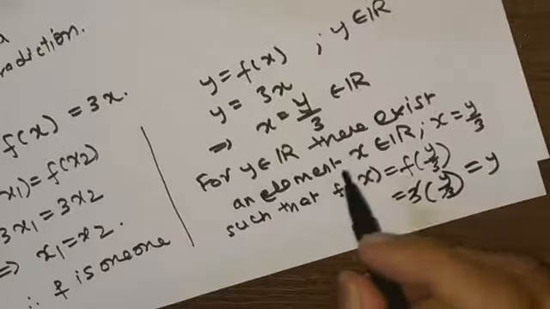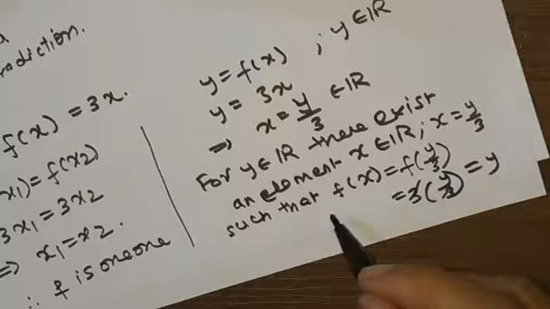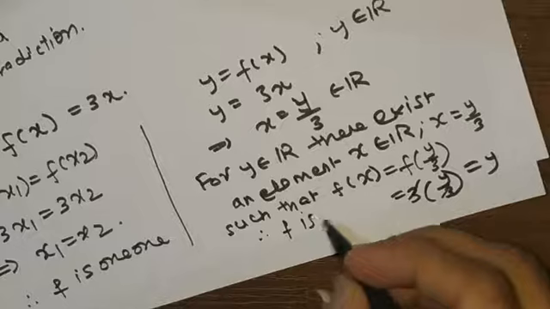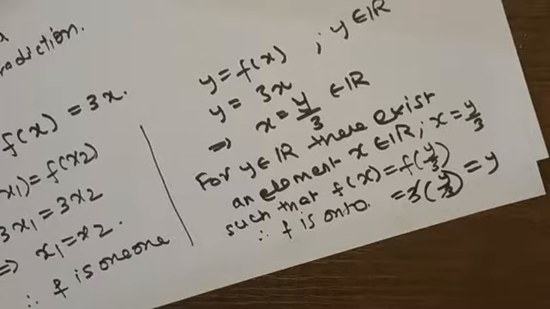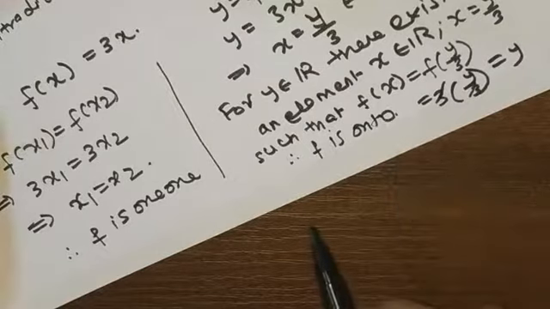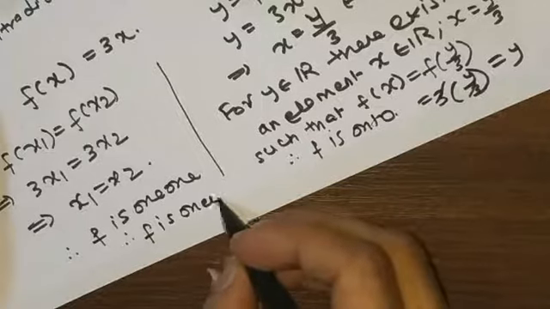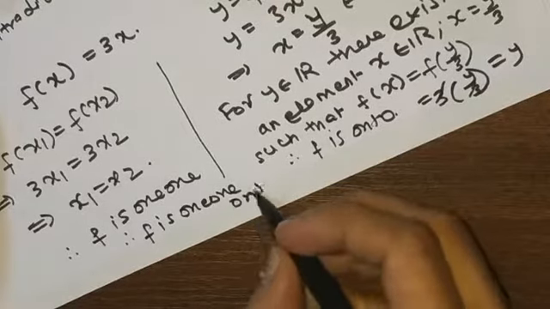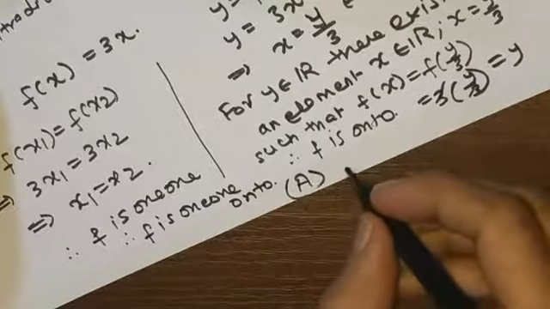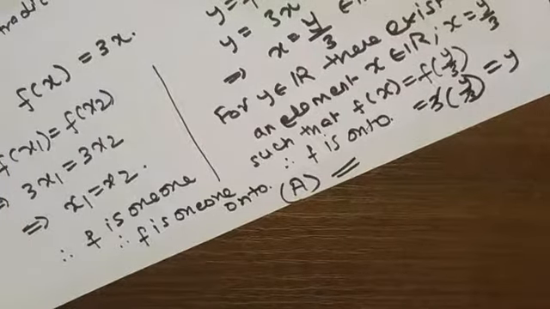So for y belonging to R, there exists an element x belonging to R where x = y/3 such that f(x) = y. So therefore f is onto. So you got f is 1-1 as well as f is onto, right? So therefore f is 1-1 onto. So option A is the correct option. So that was problem number 12.